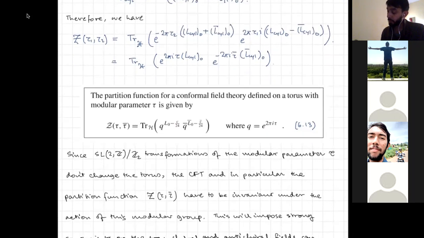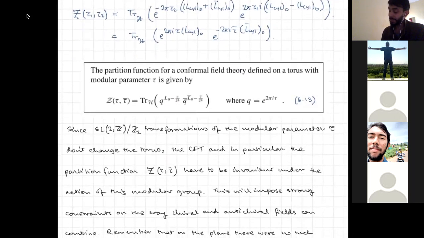Since SL(2,Z) mod Z2 transformations of tau do not change the torus, the CFT, and in particular the partition function, will have to be invariant under this modular group.